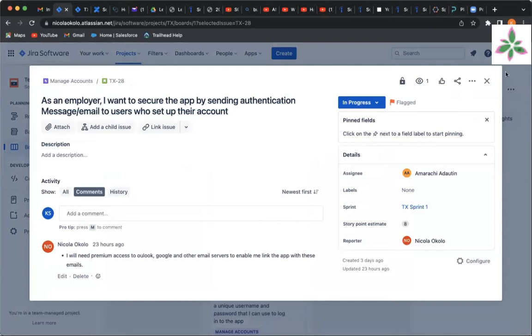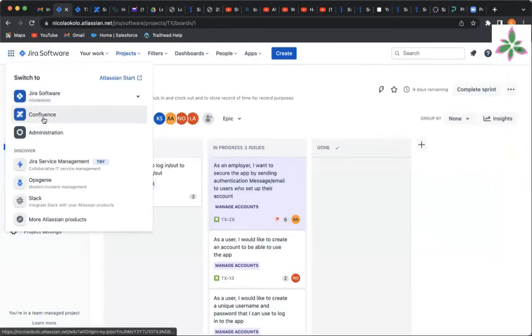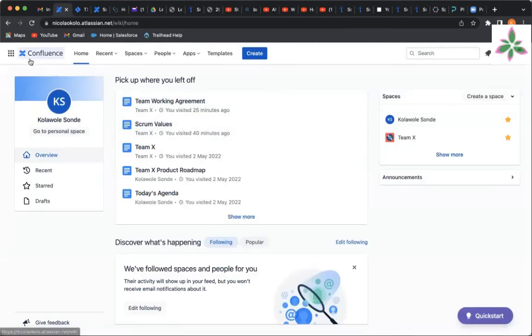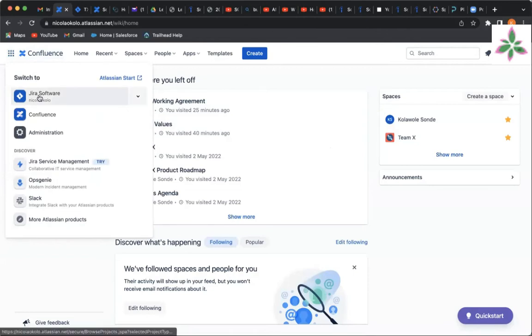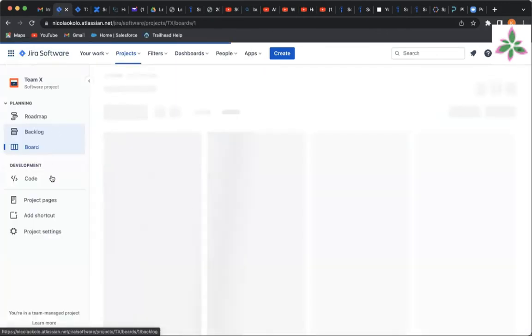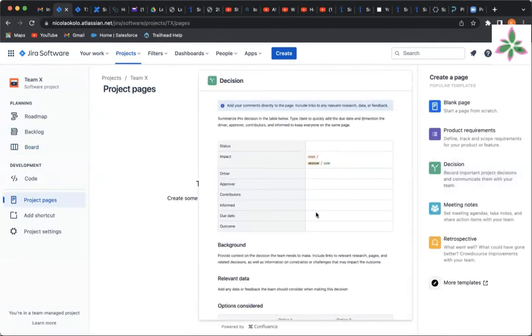No, I mean on Confluence, please. Actually, it's in the project pages. Yeah, under the team working agreement.